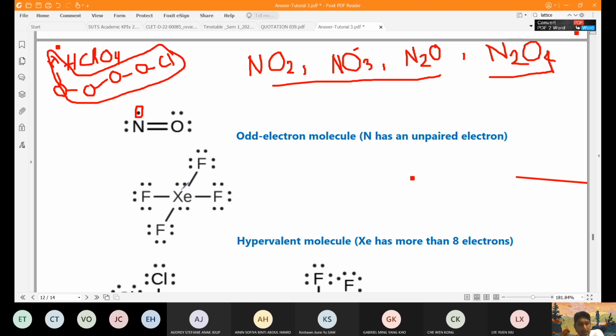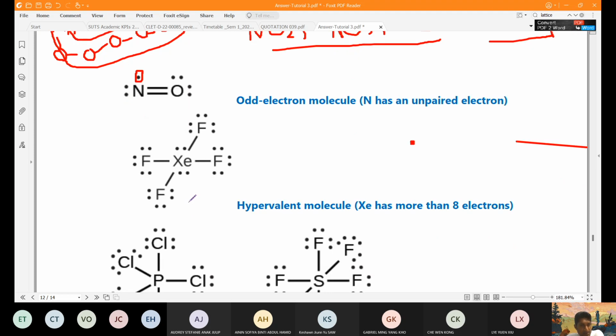Xenon can house up to 14 or 16 electrons in the outer shell. So it is super expandable for its outer shell or valence shell electrons, and it can form bonding.